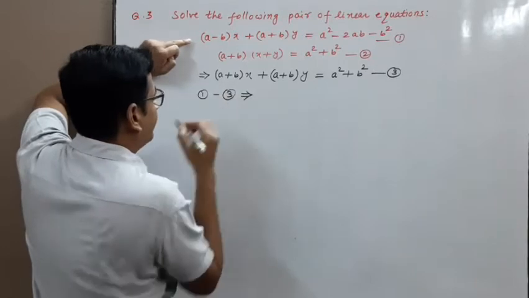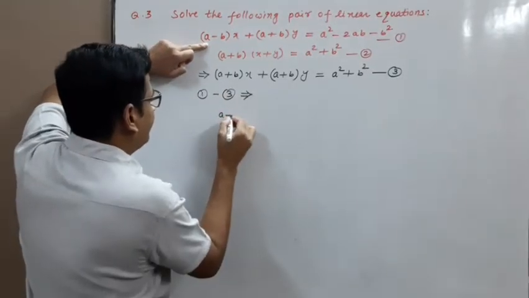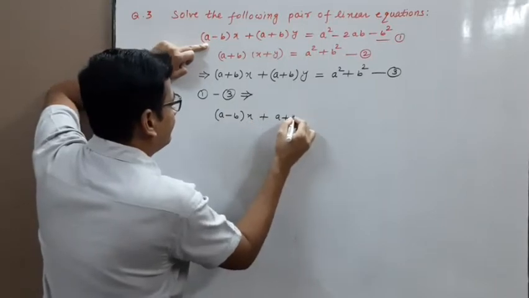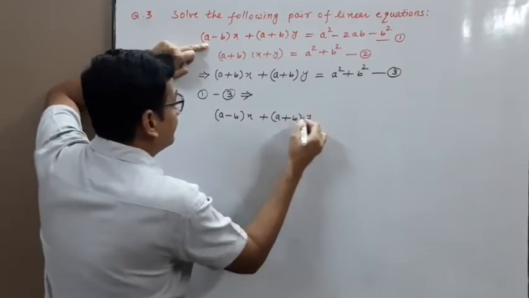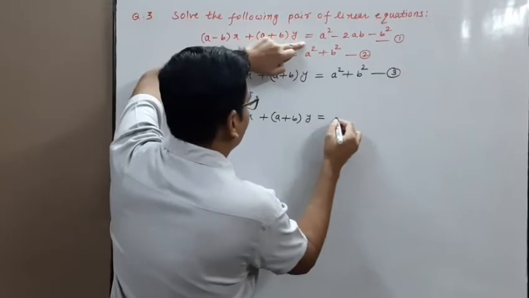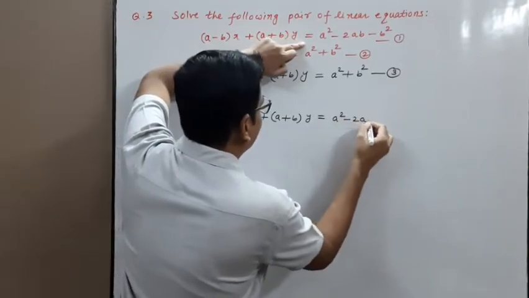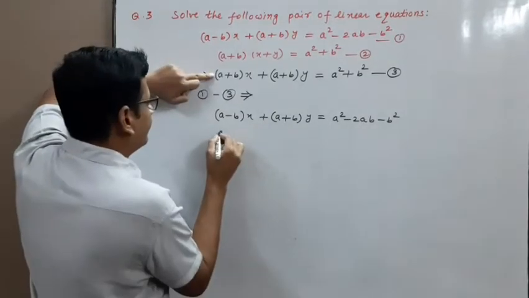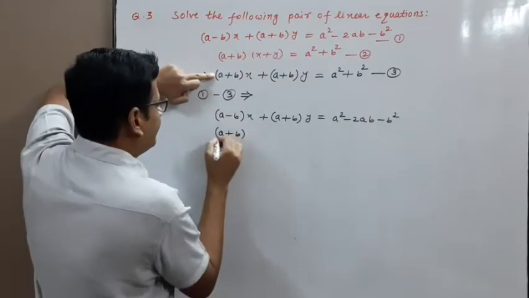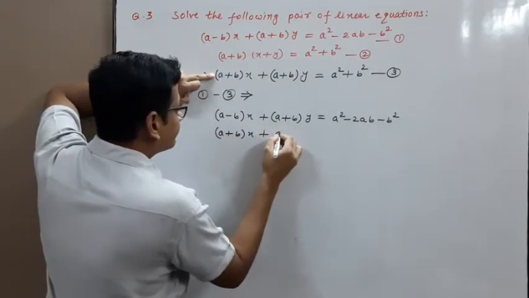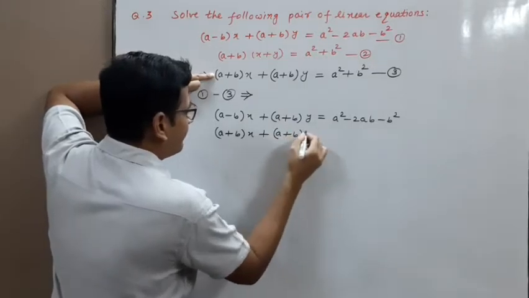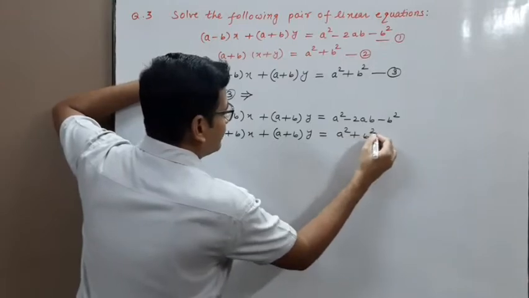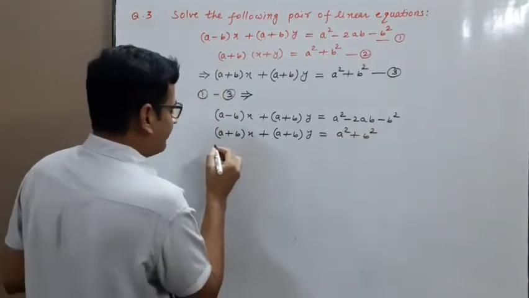1 minus 3. First write a minus b into x plus a plus b into y equal to a square minus 2ab minus b square. Equation 3: a plus b into x plus a plus b into y is equal to a square plus b square. Now subtract.